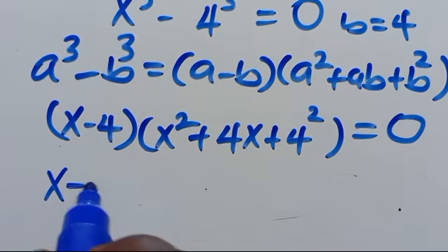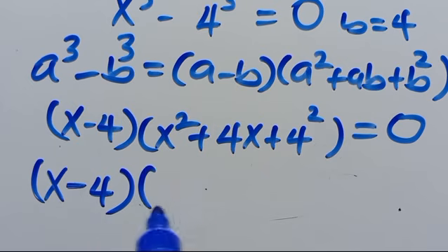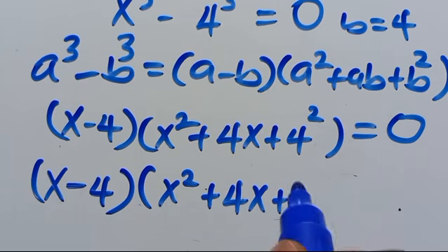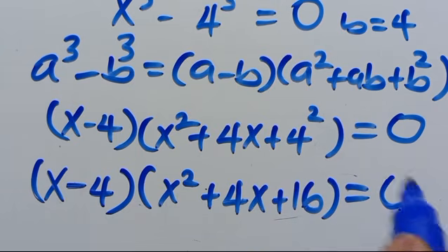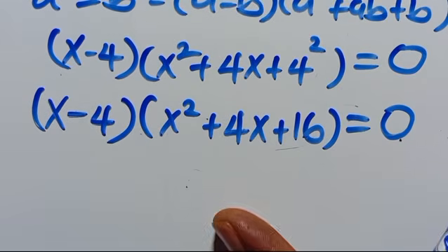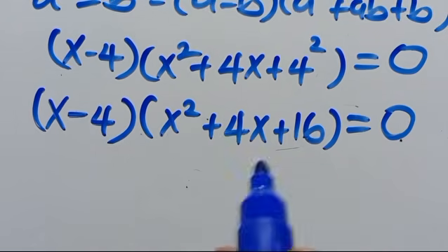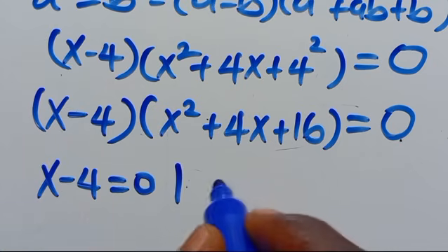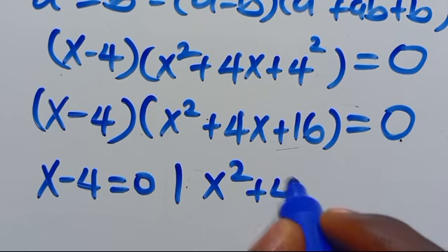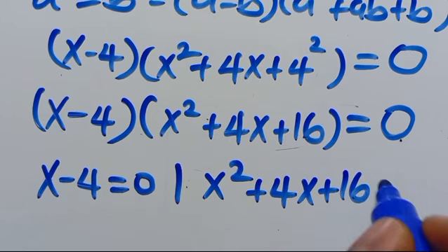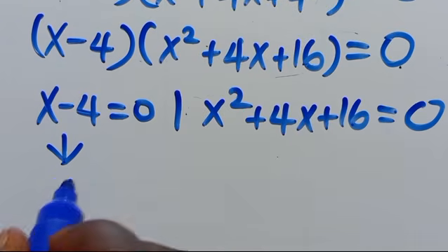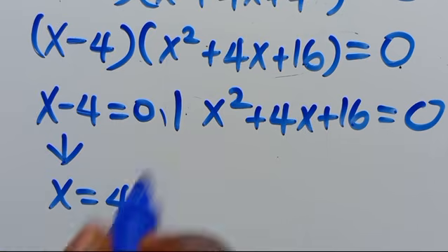Then this will be x minus 4 times x squared plus 4x plus 16 equals 0. So for this to be equal to 0, it's either we have x minus 4 equals 0 or we have x squared plus 4x plus 16 equals 0. So from this, we have x equals 4 by taking this one to this side.